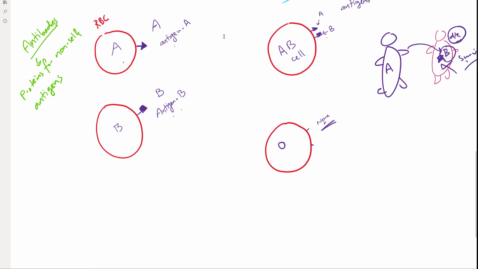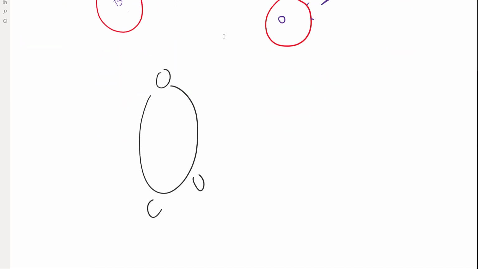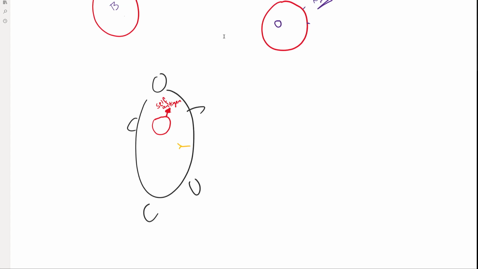What does this mean? Let's assume that we have a person, and this person has a red blood cell that is type A, which is displaying the triangle. In this case, this triangle is the self antigen. So does it make sense that I want to have an antibody for the self antigen, or do I need an antibody for the non-self antigen?